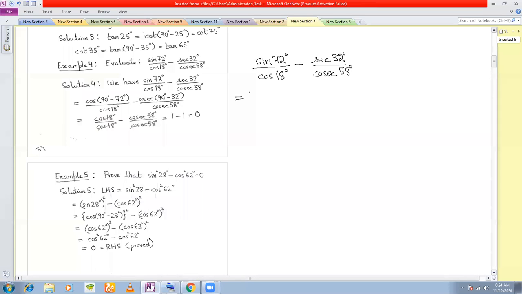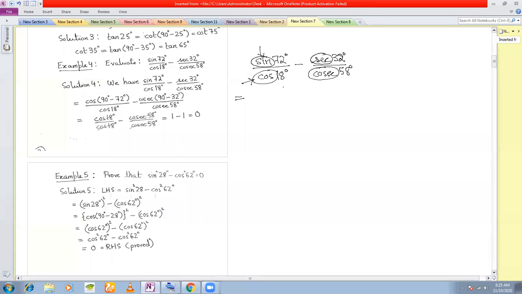There are two things to observe. First thing is that sine here can change to cos, right? That means this sine you can change to cos, or remember, you can change this cos to sine. Also, you know that sec can change to cosec. So this sec can change to cosec, or this cosec can change to sec.